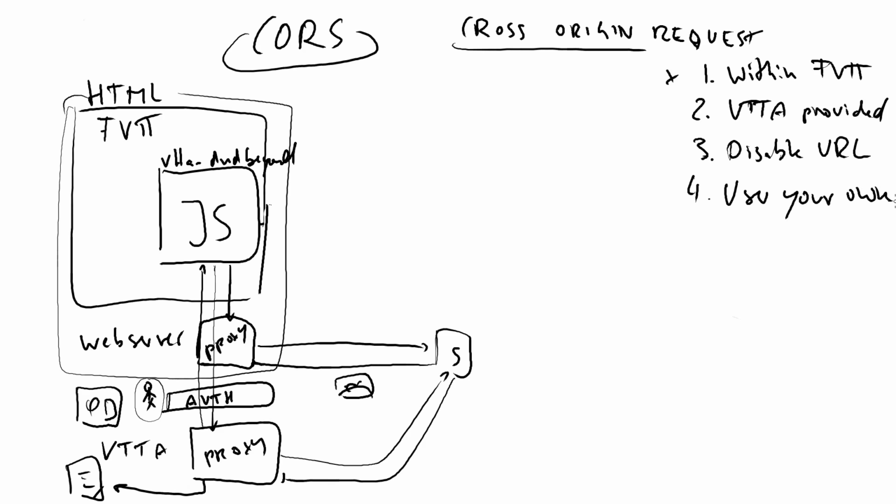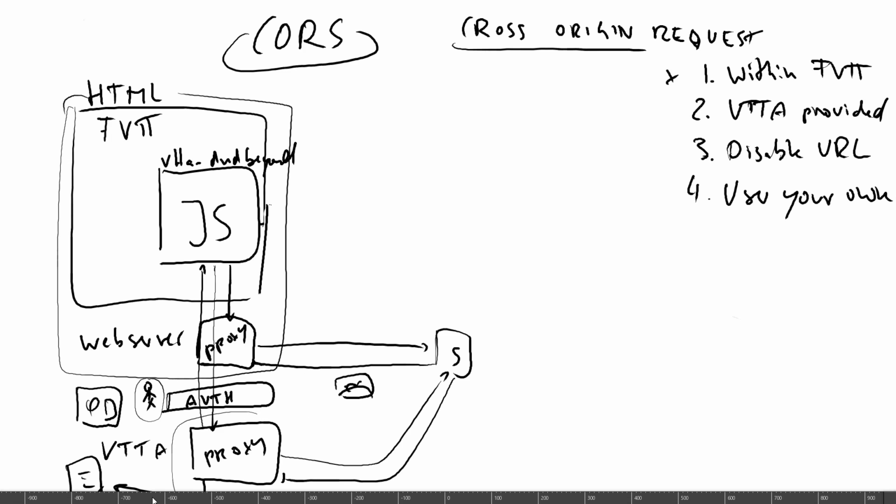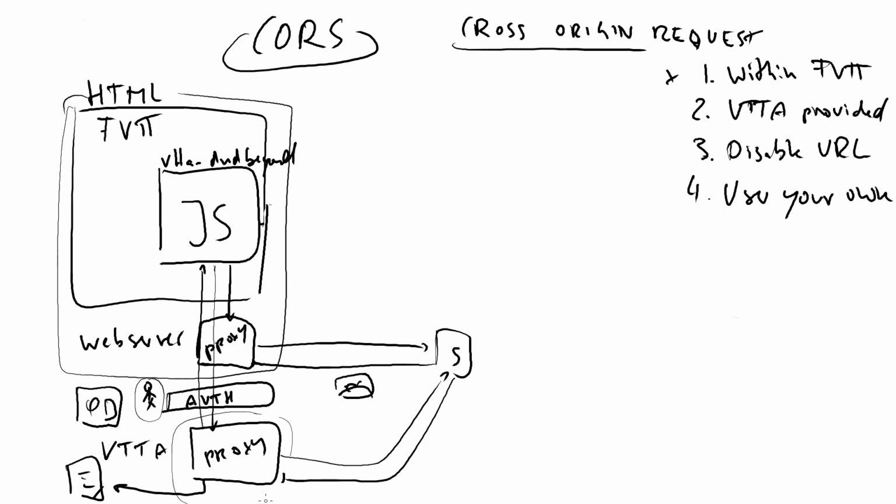Basically, you need to run this kind of software part somewhere, and you can configure it in VTTA, D&D Beyond, and any other modules that will need to use a proxy to access stuff. So instead of hard coding the host name of this proxy, you would just insert your own proxy server.